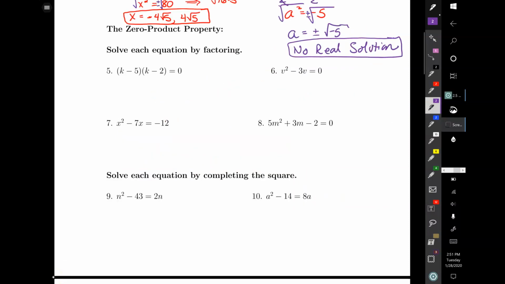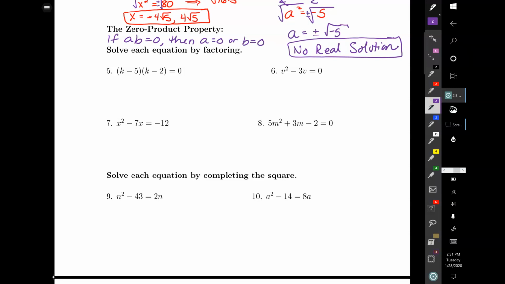This next section looks at the zero product property, which you've probably seen before. And what this says is if a times b equals 0, then a must equal 0 or b must equal 0.